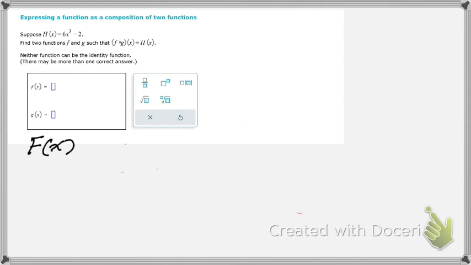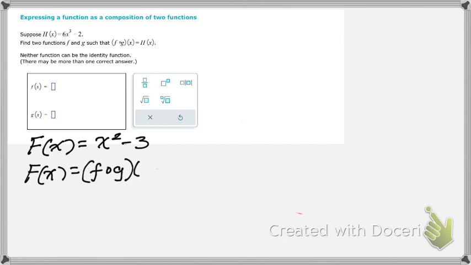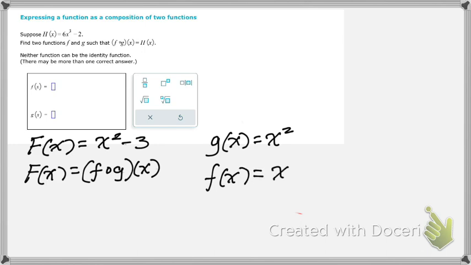Say I've got h of x is equal to x squared minus 3, and h of x is equal to the composition of f and g of x. The question is, what is f and what is g? I'm going to say that g of x must be equal to x squared. Therefore, f of x is equal to x minus 3.